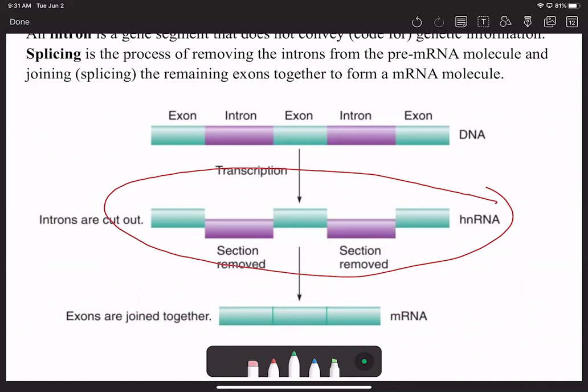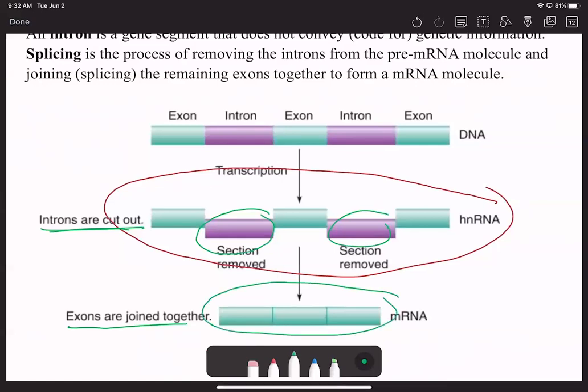Now we only need the exons, and all of the introns are cut out. Introns are cut out and removed, right? That's the junk mail. That's our spam. And then the rest of it, the exons, are spliced together, and this is our final messenger RNA.